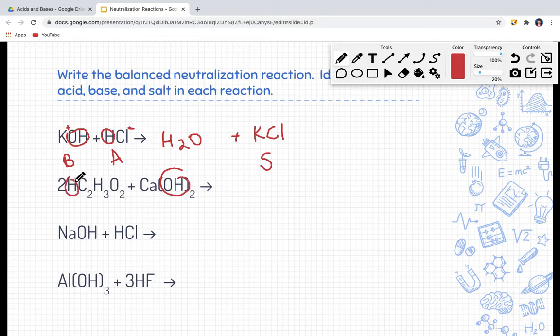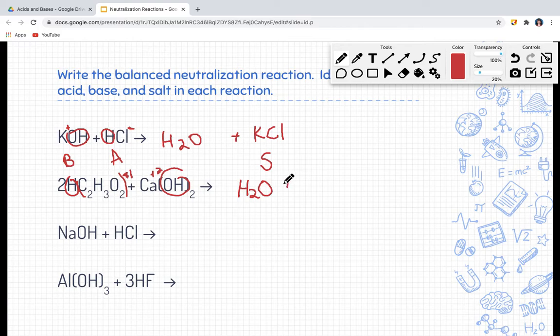I've got H, I've got OH, I've got H2O. And then we're going to have calcium, and then this is an acetate ion. Acetate, if you remember from your polyatomic ions, is a -1 charge, and calcium is a +2.